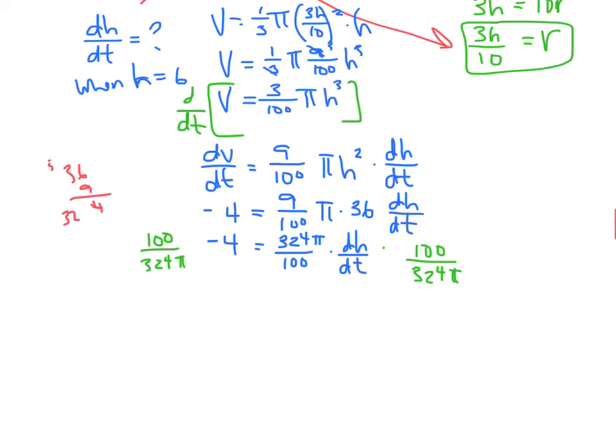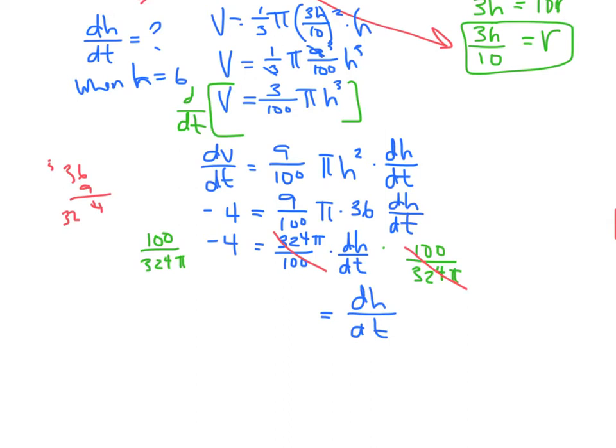When I do that, on this side those just go away, and I get dh dt. On this side, I can multiply, and that would be -400 over 324.